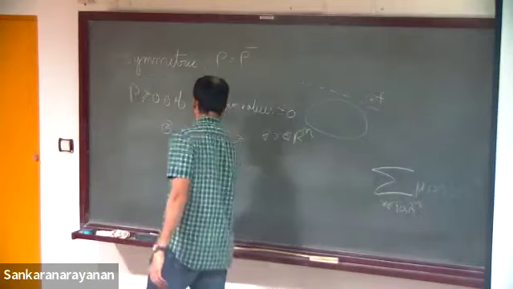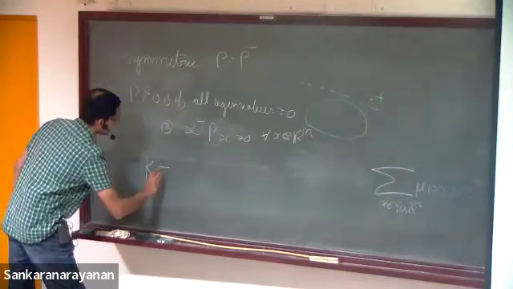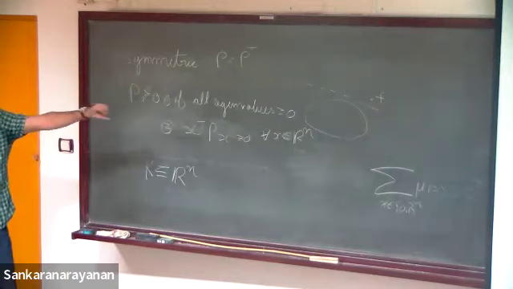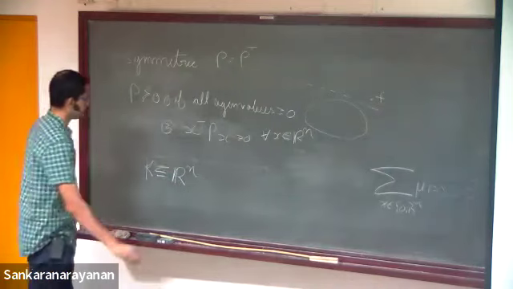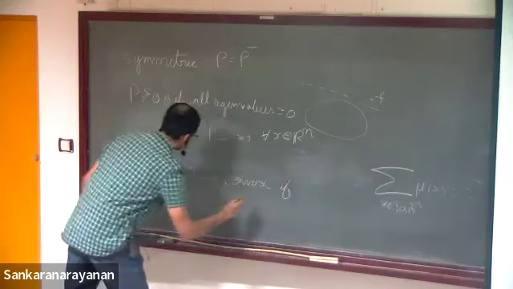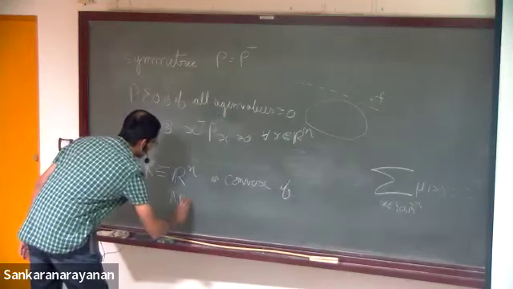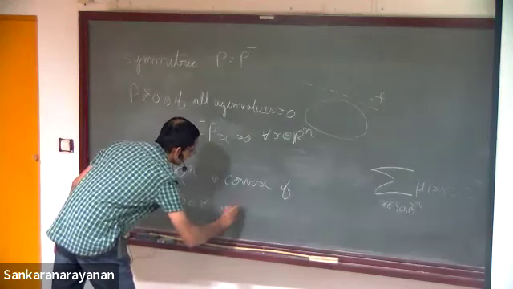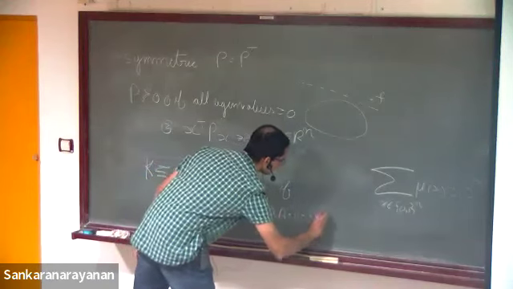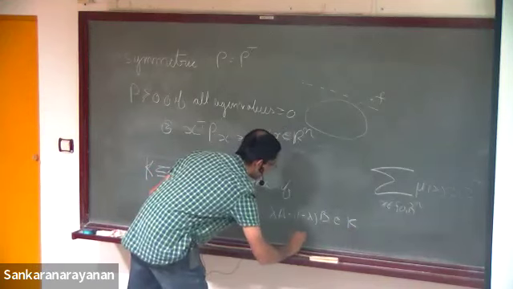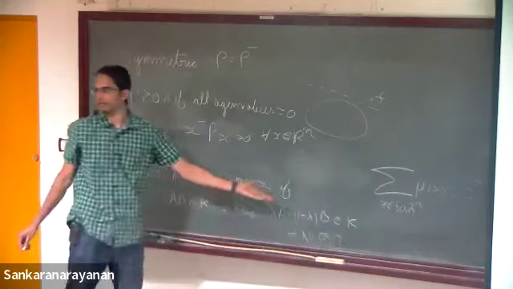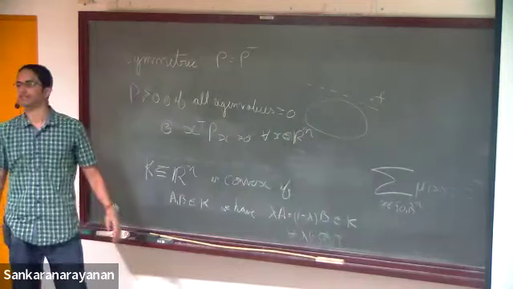Convex set, as in geometrically. We say that K, a subset of R^n, is convex if, looking at any two points inside K, the entire line segment joining them is also inside K. So it's convex if for A, B in K, we have lambda A plus (1 minus lambda) B in K for all lambda in [0, 1]. This is the generalization of convexity to higher dimensions.